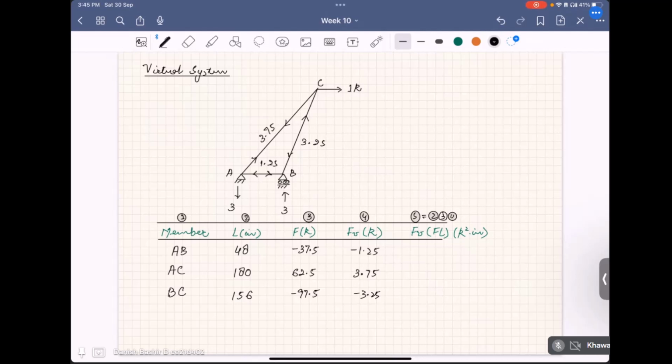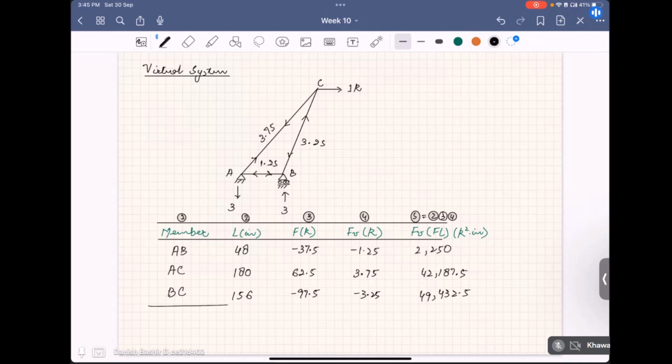Okay, you note that. So we will get the values like 2250 for this, we will get 4218.7 for this, and we will get 49,432.5 for this.